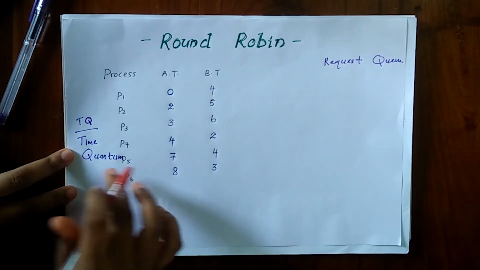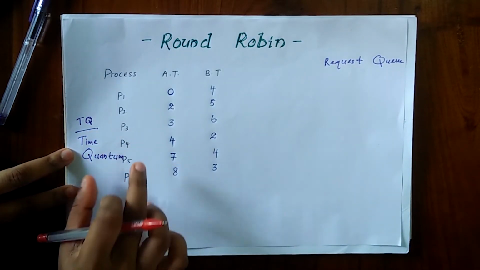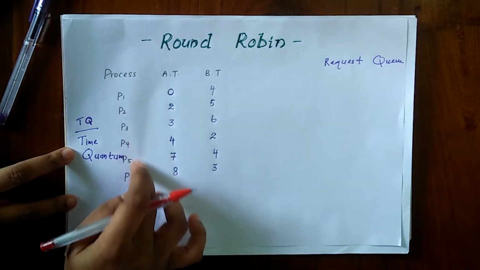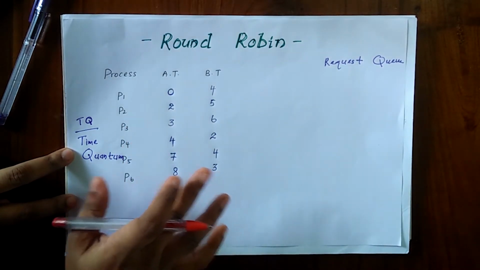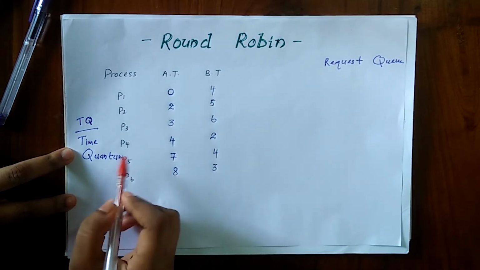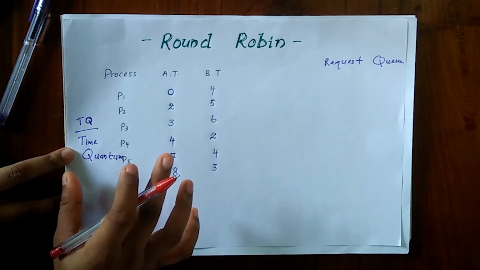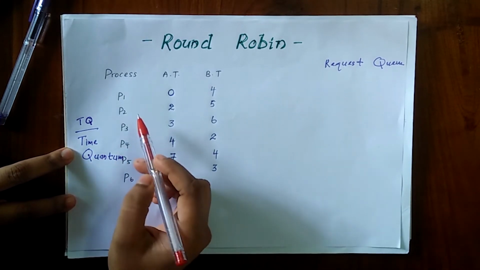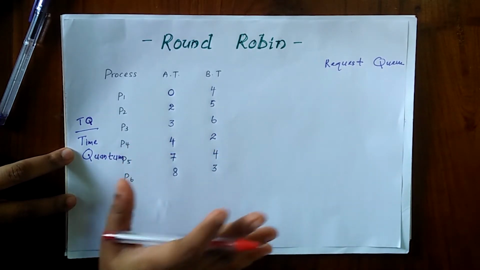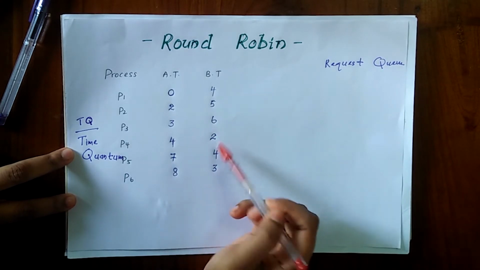Time quantum, this TQ, determines the amount of time that the process will be executed. So you can note it down. In here also, as in first come first serve, we ignore the burst time.